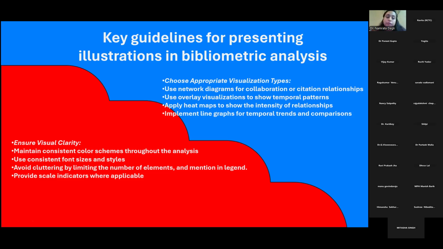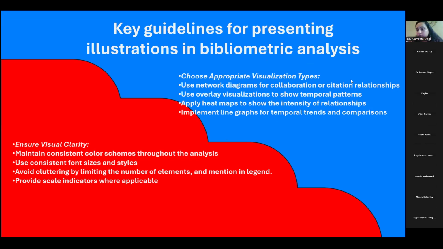Use consistent font size and styles. This will not be possible if you are using different software, like sizes and font styles mainly available in Pure is different from BiblioShiny. So you'll not be able to match them, but at least make sure that from one software you are using one writing style, one font style.